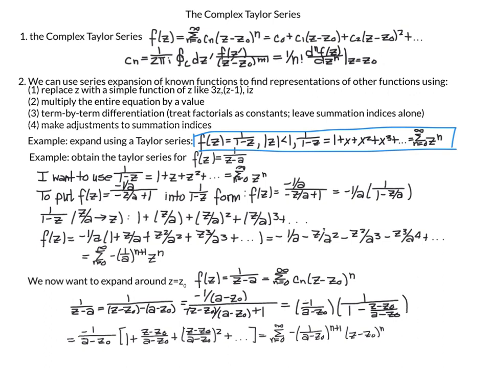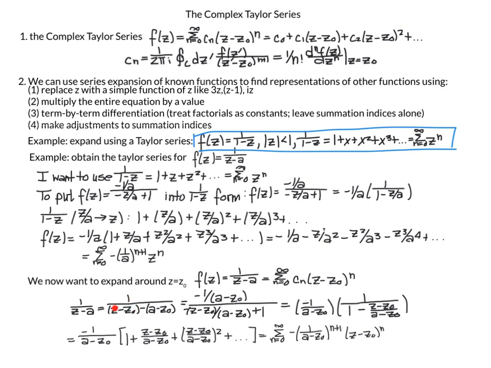The second important type of problem we had is we had this function here which was expanded about z equals 0, and we want the related equation, we want to be able to expand about a random z naught. And so what we did is to f of z equals 1 over z minus a, we introduced z naught, so we have z minus z naught.